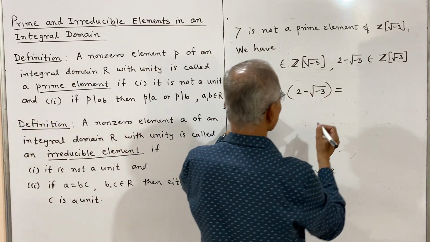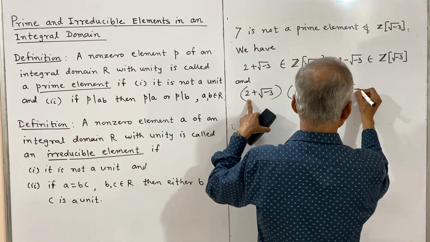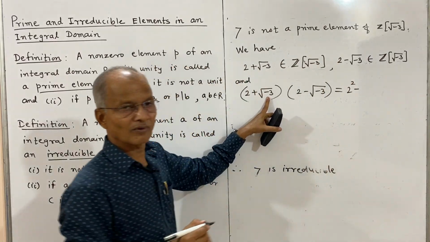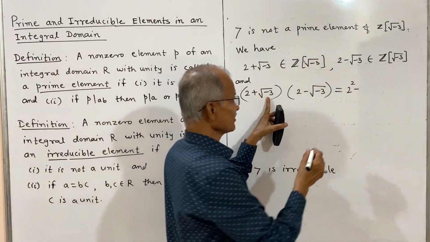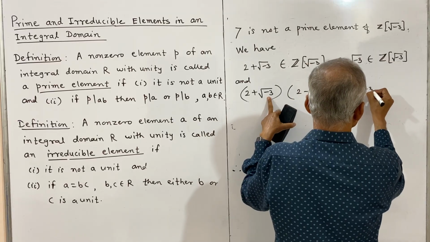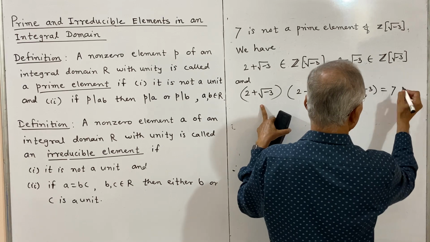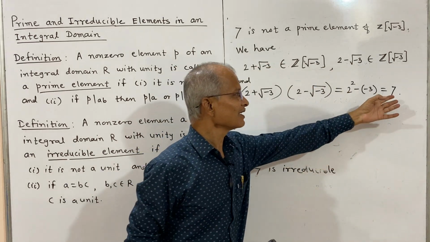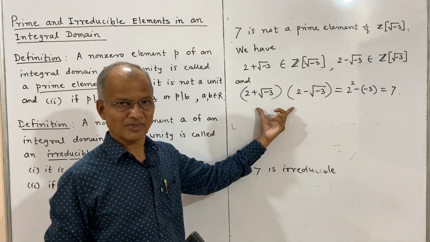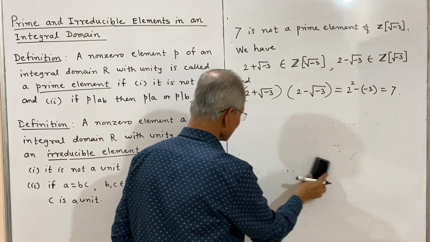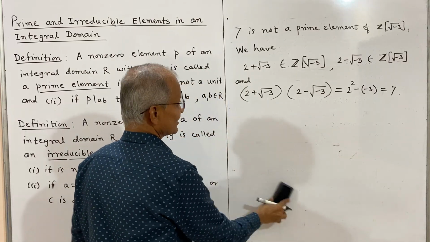So it is 2 square minus square of under root -3, that is -3. Or this is 4 plus 3, which is 7. So 7 is written as the product of these two, and that means 7 divides this product.